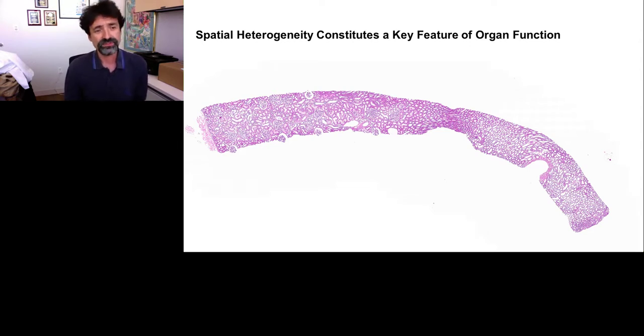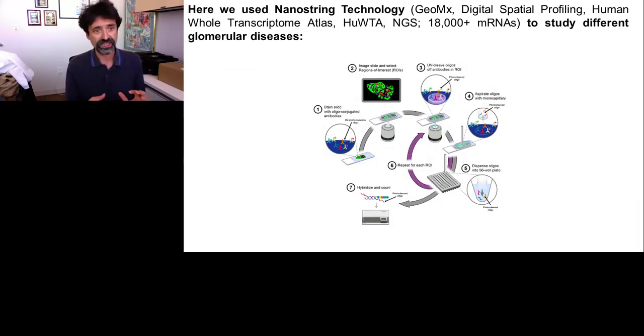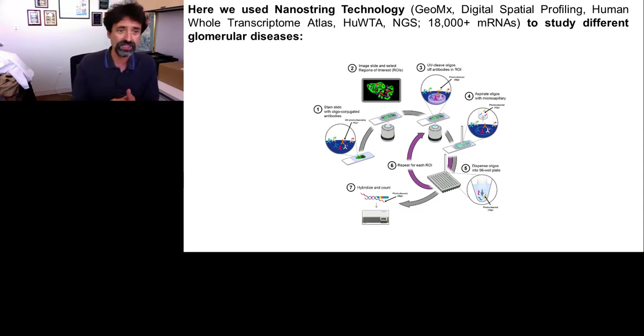There are different techniques to get more insights about the single cells or single structures of the glomeruli. Here today we are talking about what is called the Nanostring technology that allows to have transcriptional information of the different structures in kidney biopsy.